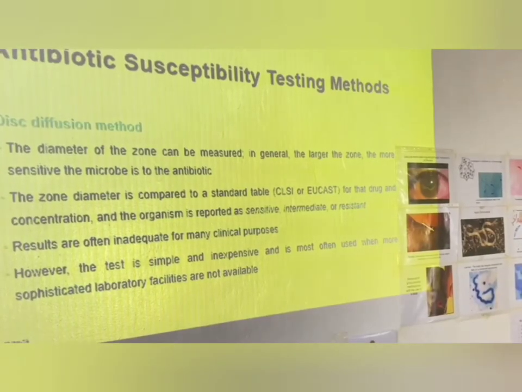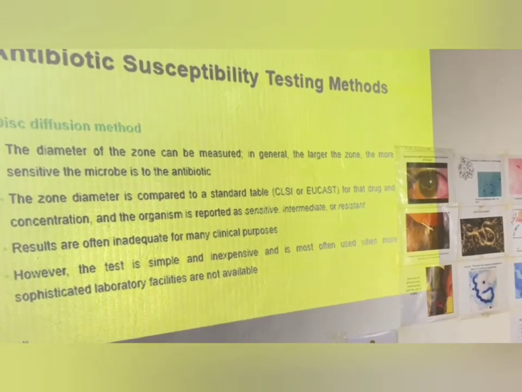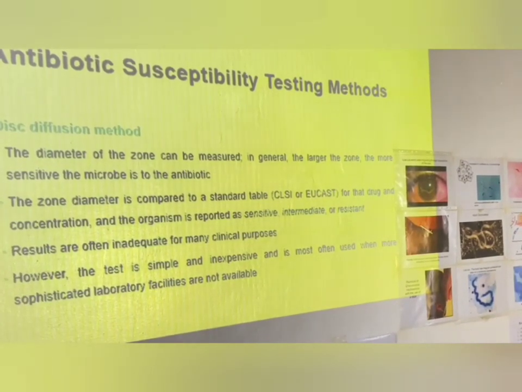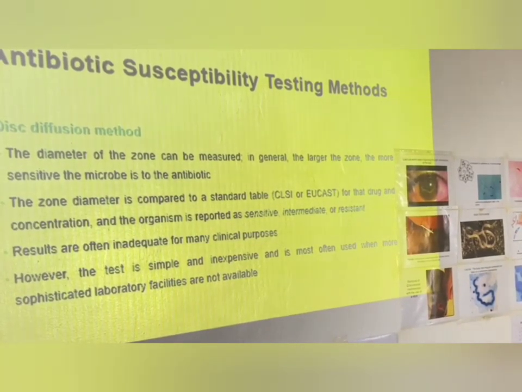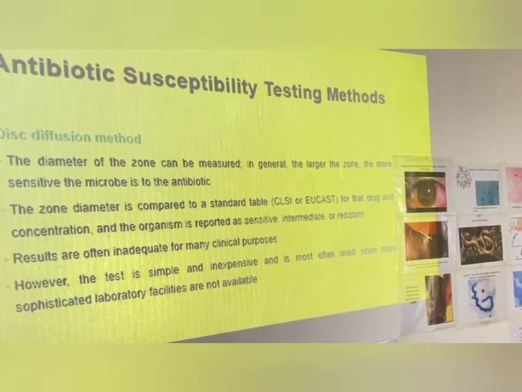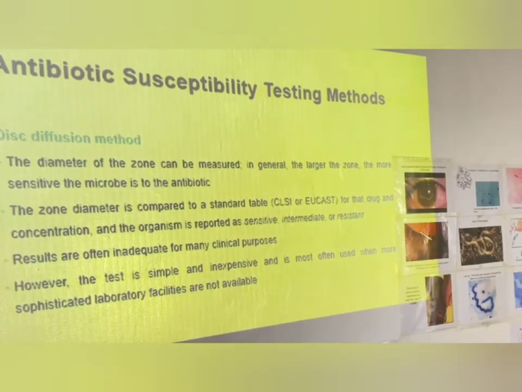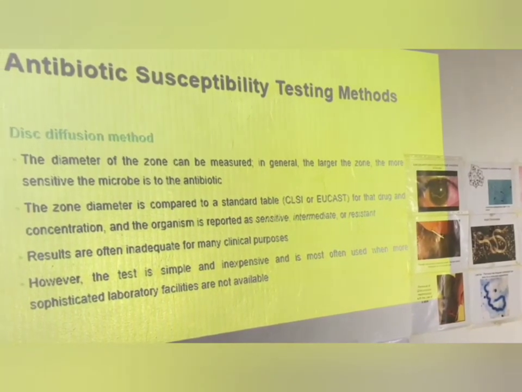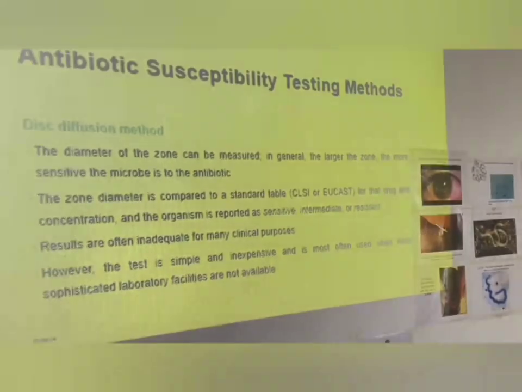So we interpret as sensitive, intermediate, or resistant. Now, results are often inadequate for clinical purposes. However, the test is simple and inexpensive and is most often used when more sophisticated laboratory facilities are not available. That is when we carry out what? Kirby-Bauer.